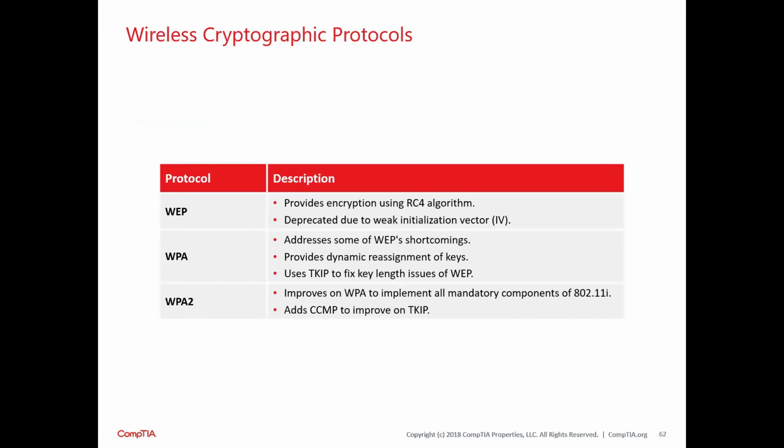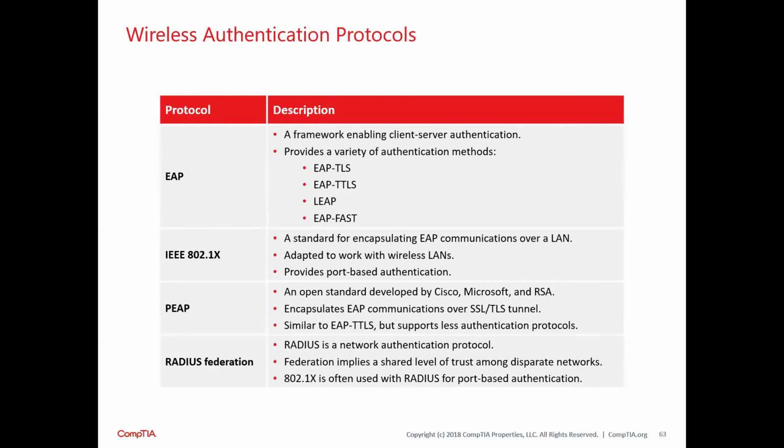Then followed by WPA, which provides dynamic reassignment of the key, meant to fix the problem with WEP. The latest one is WPA2, which improved WPA to implement all mandatory components and uses CCMP, which improves on TKIP, the Temporal Key Integrity Protocol.